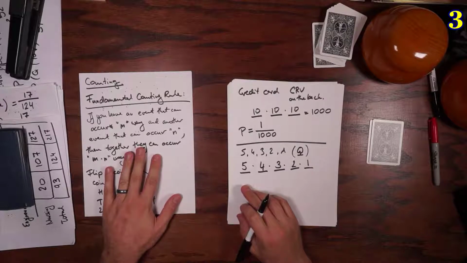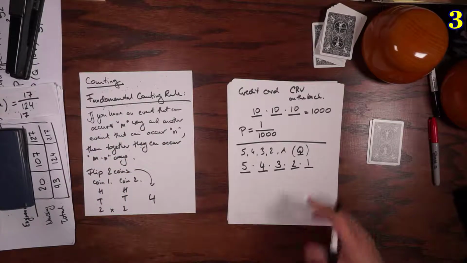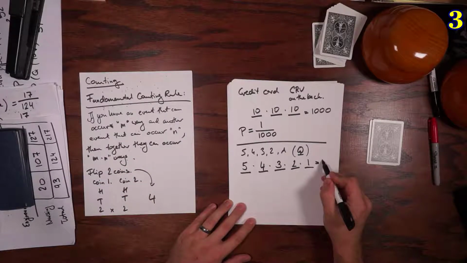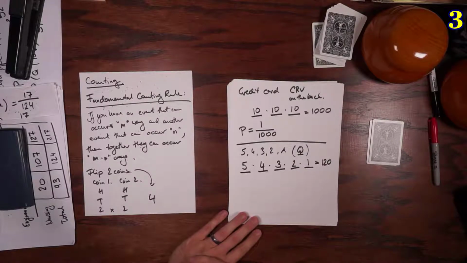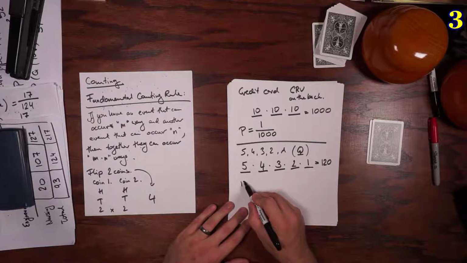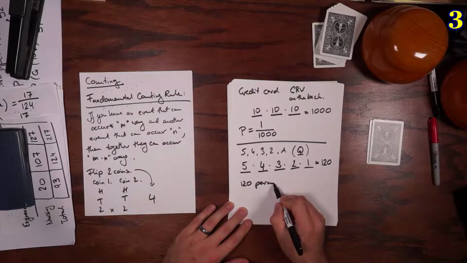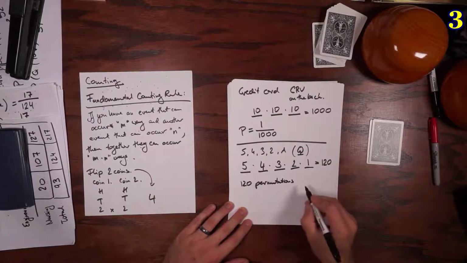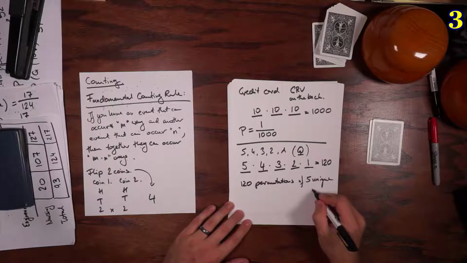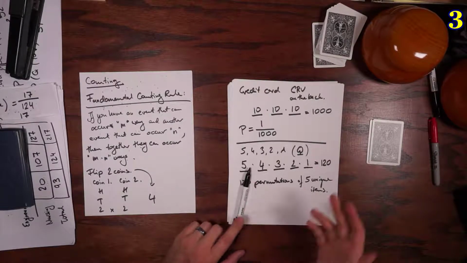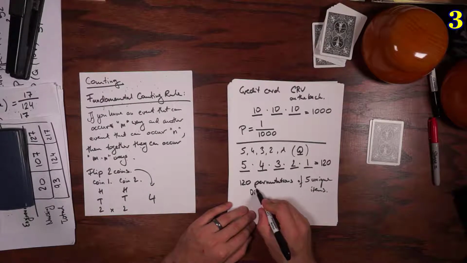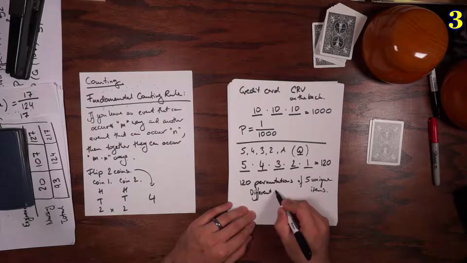This can be expanded to m, n, o, p, q, r, and whatnot. So all of it is multiplied. If you multiply all of this out, we get 120 permutations of 5 unique items, or objects. What does permutation mean? Well, different arrangements.